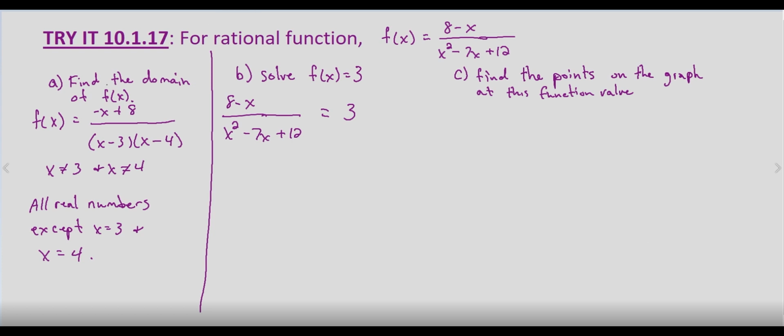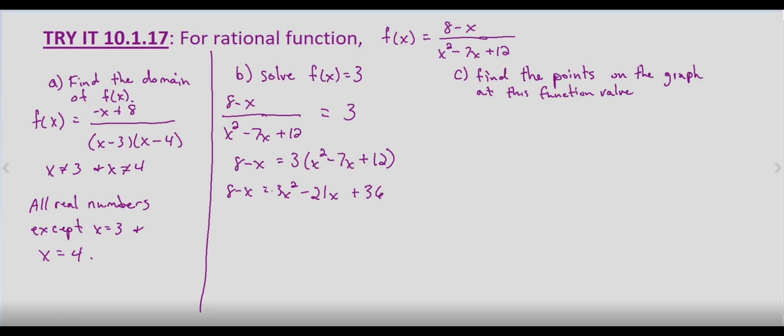So if we multiply both sides by the denominator we have on the left-hand side, or if we simply factored and then multiplied by the factors, we're going to end up with 8 minus x equals 3 times x squared minus 7x plus 12. So that's 8 minus x equals 3x squared minus 21x plus 36.